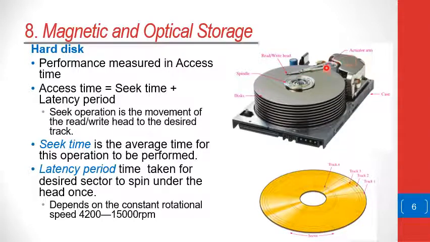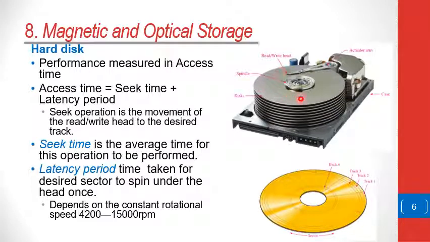Now, once the read-write head is on a particular track which we are interested in, the disk itself has to spin so that the particular sector which we are interested in is under the read-write head.